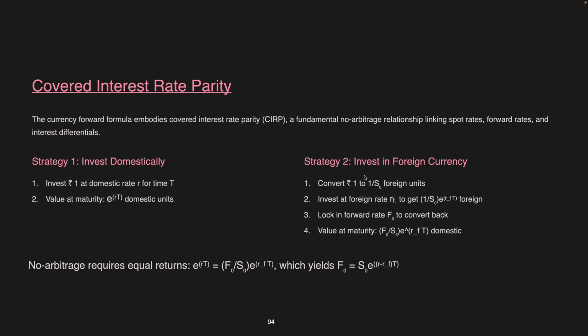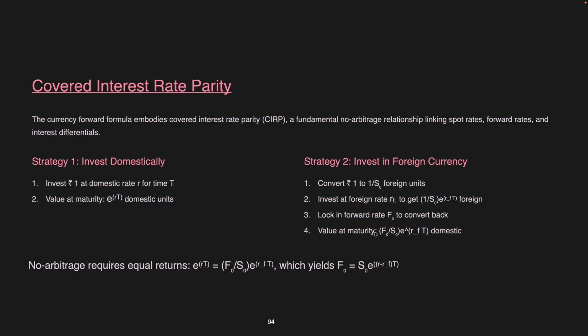Strategy 2 is to convert 1 rupee into 1 over S0 foreign units, because you are converting it into dollars, and invest at the foreign rate of interest RF to get 1 over S0 into e to the power of RF T, that is the foreign currency interest generated at the risk-free rate. You lock in the forward rate F0 to convert back.